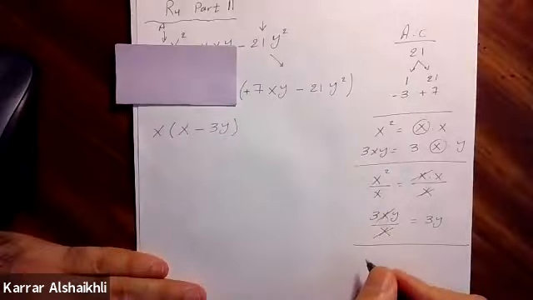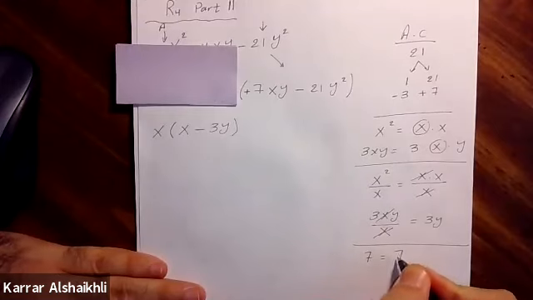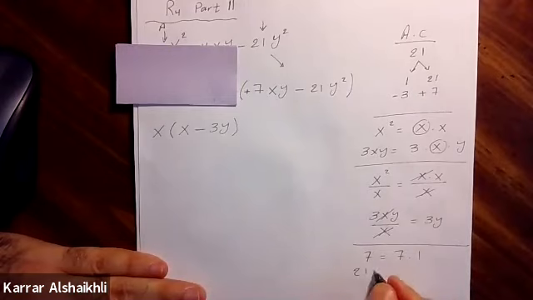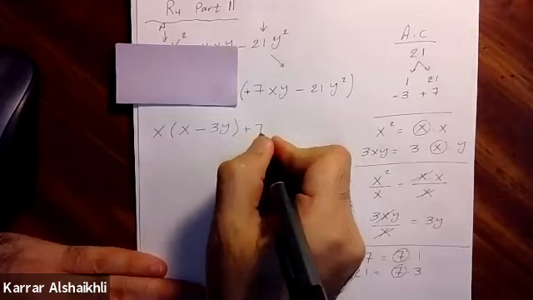Here's the 7, you can say 7 times 1. What about 21? You can say 7 times 3. So which number is the common? 7. So you're going to say plus 7.